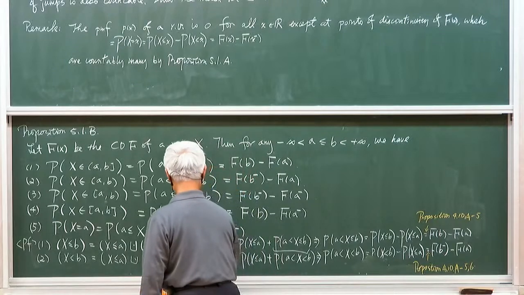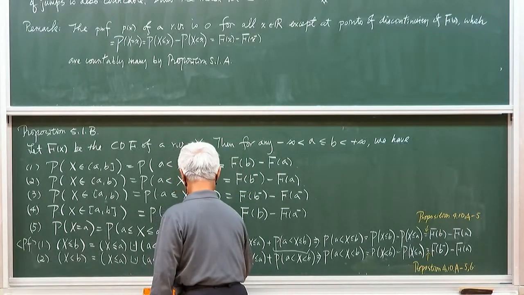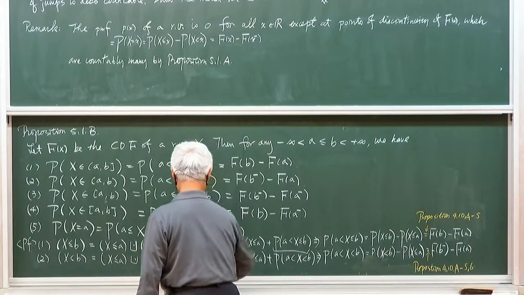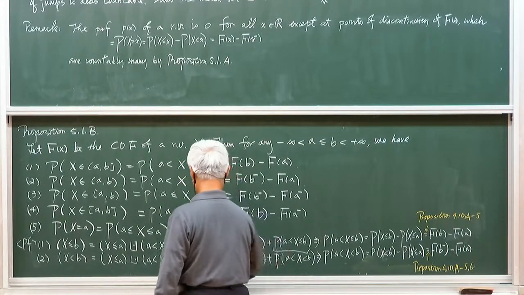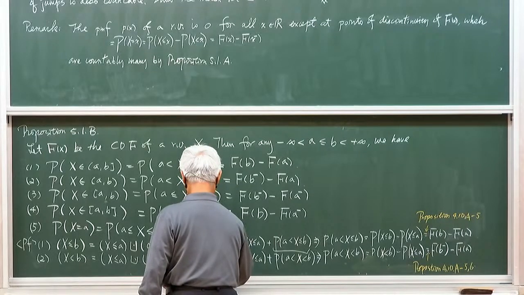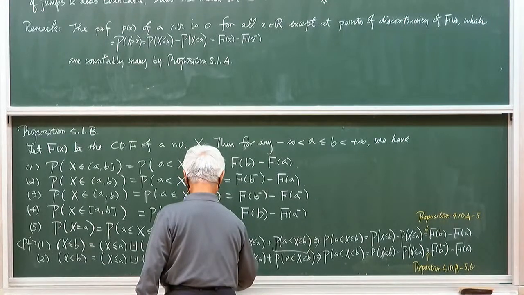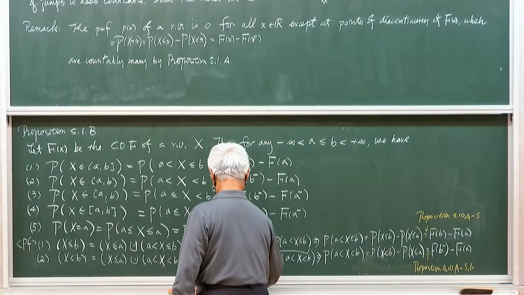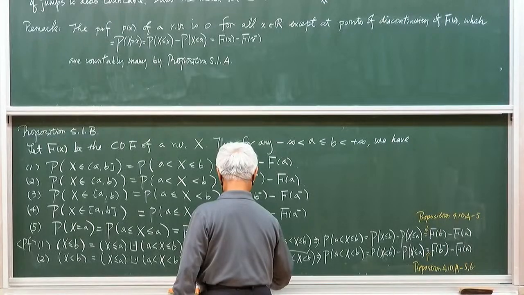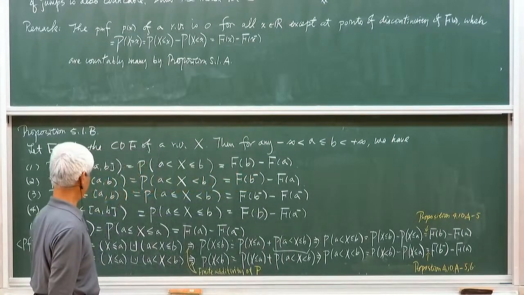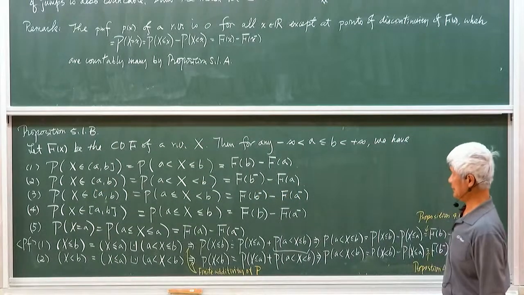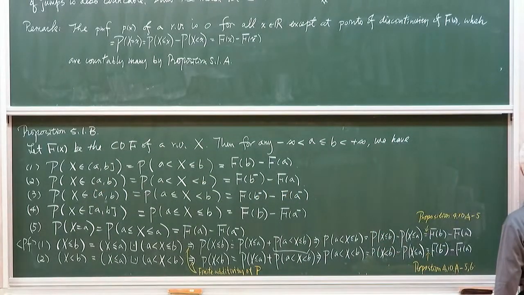Here, both of them follow by countable additivity, or just by the finite additivity of P. So that's the second. And for the third and fourth properties, we use a similar argument.